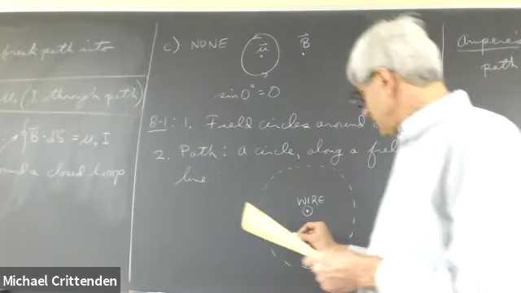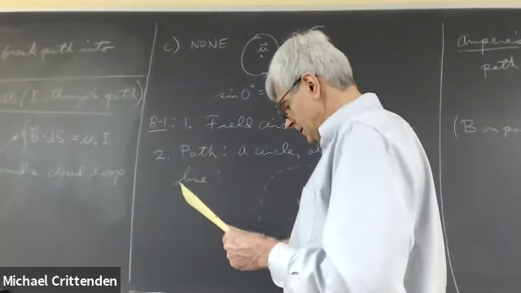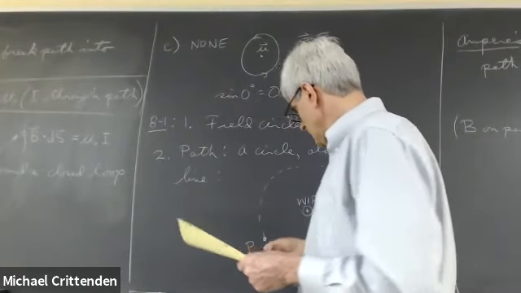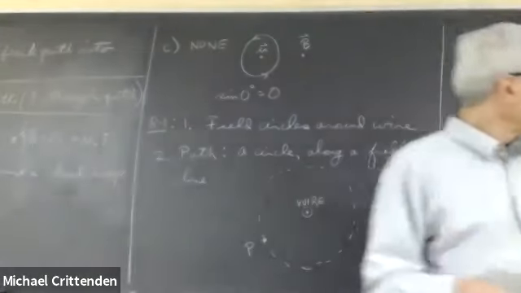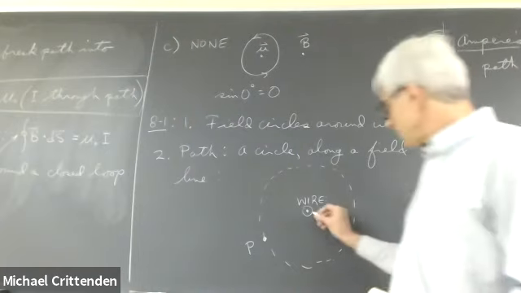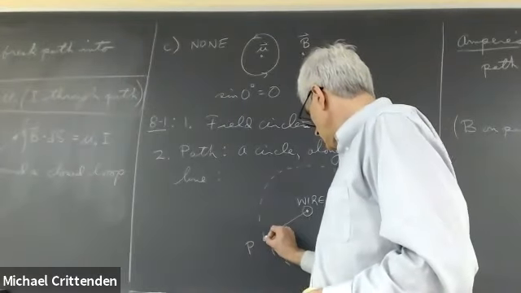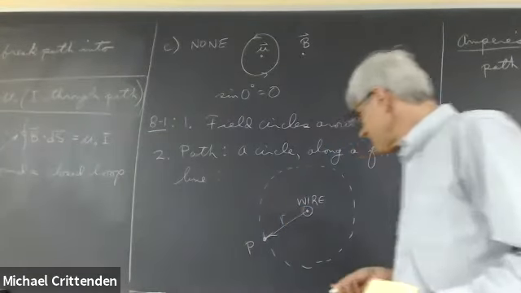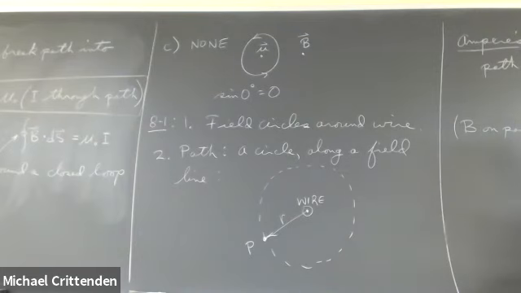We are interested in some point. That's the point where I want to know the magnetic field. Find B a distance r from the long straight wire. So there's r, and my point P is a distance r from the center of this long straight wire. That's where I want to know B equals what at that point.